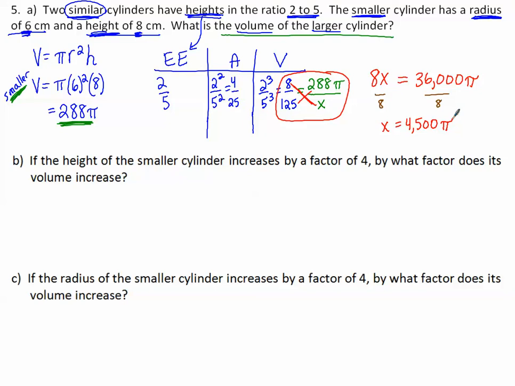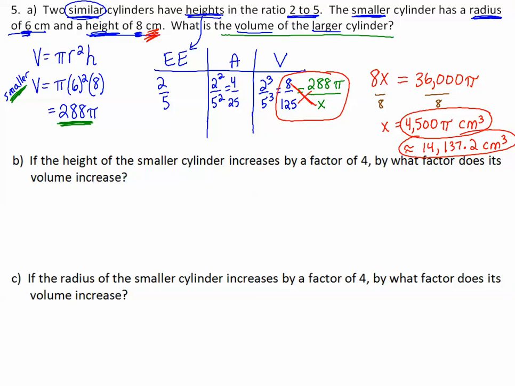So I could write my answer as 4,500 pi, and seeing that the units are centimeters, centimeters cubed, or I could say, type it in the calculator, and that's also a valid answer, approximately 14,137.2 centimeters cubed. Both answers are valid. I agree. It's nice to have options.